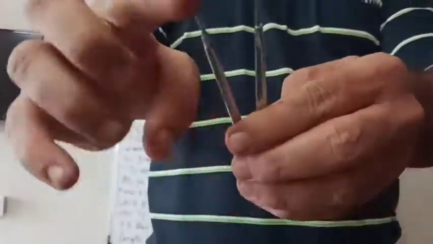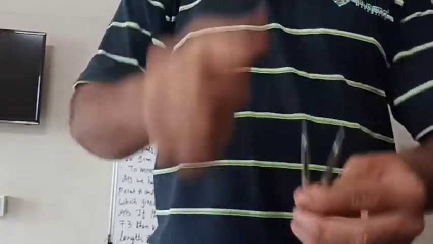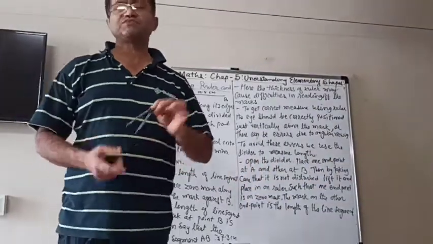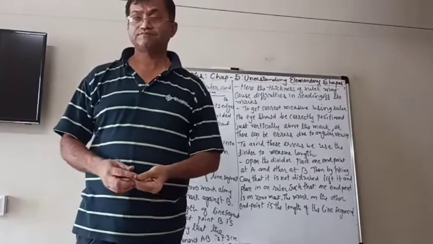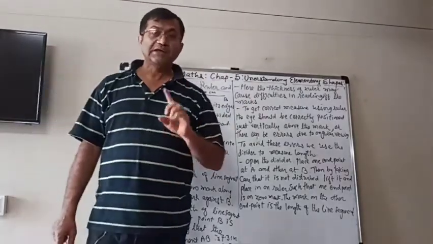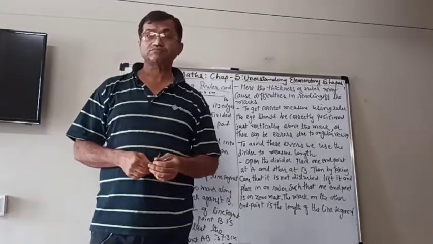It is the same as the rounder, but both sides have a sharp end. We don't have to insert a pencil here. So this is called the divider. And most of the students, I hope, don't know the use of this divider.